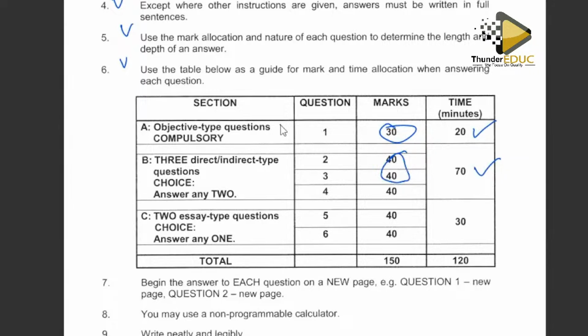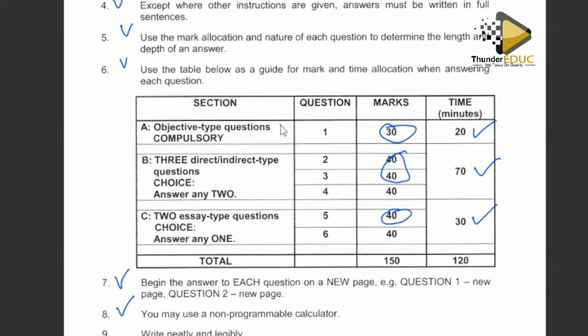And then the last question, which is section C, you are expected to spend 30 minutes to answer 1 question. Okay, right. So now let's move on to the next instruction. It reads as follows: begin the answer to each question on a new page. For example, we have question 1, new page, question 2, new page.